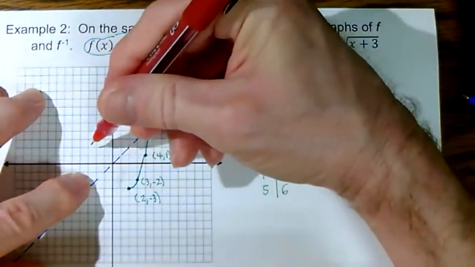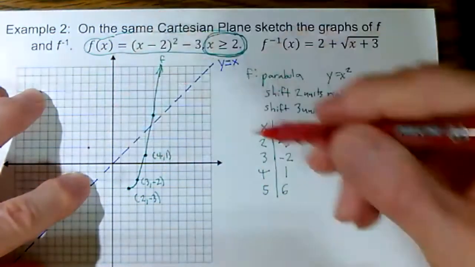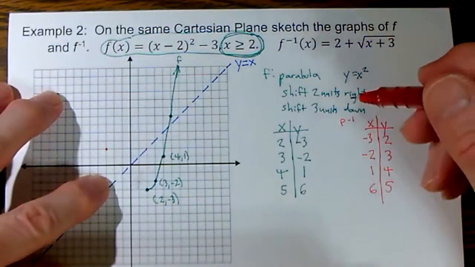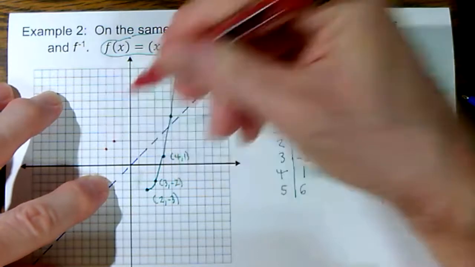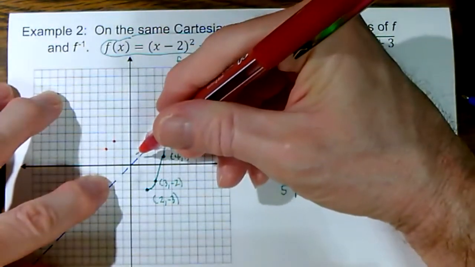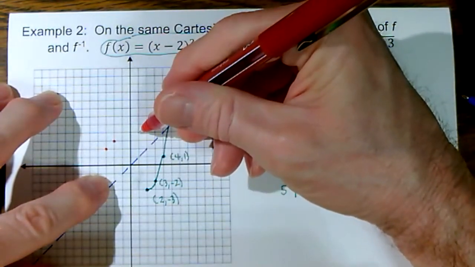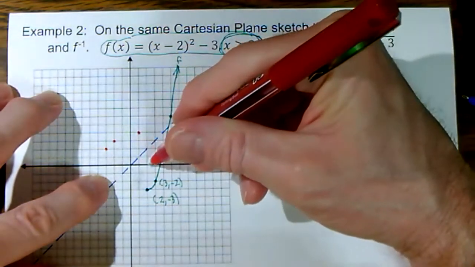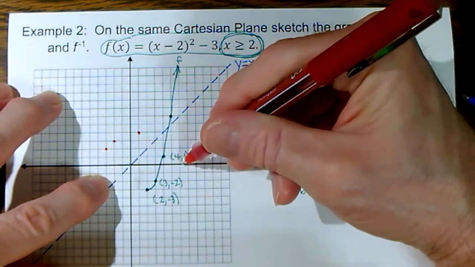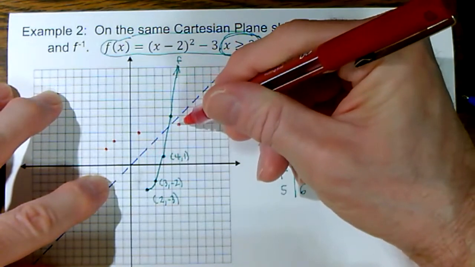Plotting those points, -3, 2 would be right here. -2, 3 would be right there. 1, 4 would be right here. I'll label these in a minute. And finally, 6, 5. 1, 2, 3, 4, 5, 6. And 5 puts me right there.